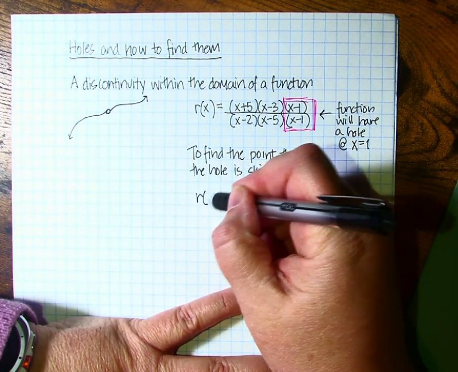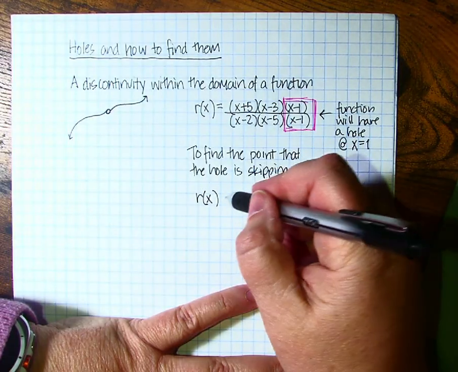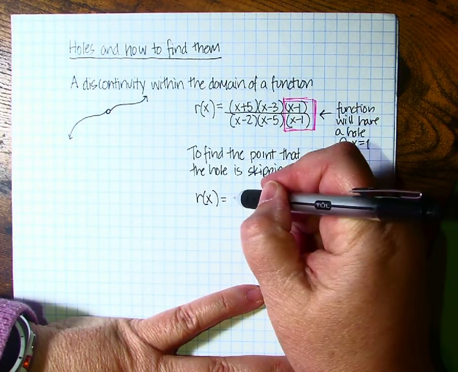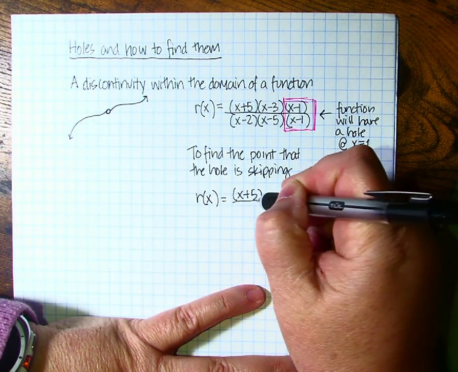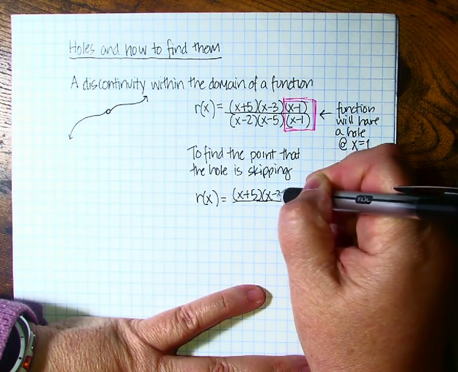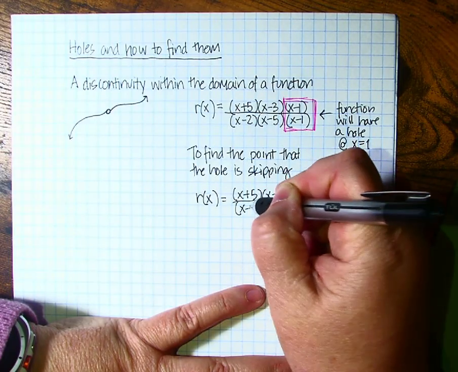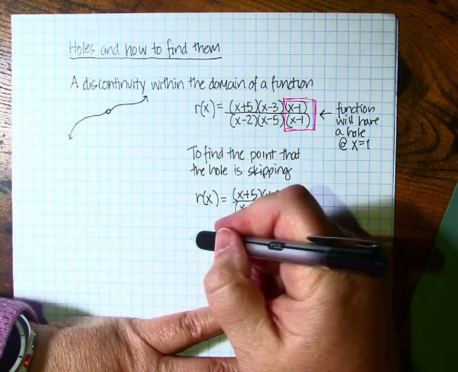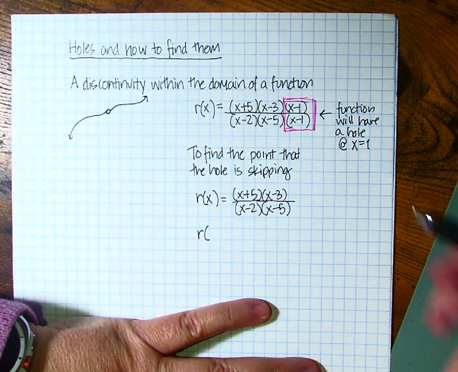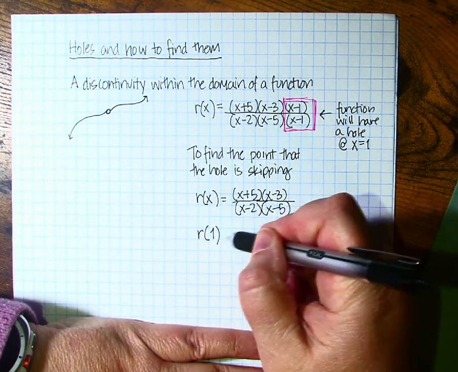You simply take r of x, just the canceled form, so x plus 5 times x minus 3 over x minus 2, x minus 5. And you find for that placement of the hole r of 1.